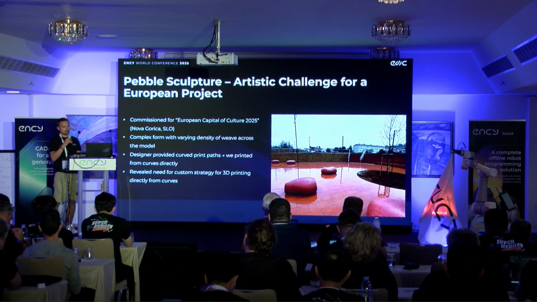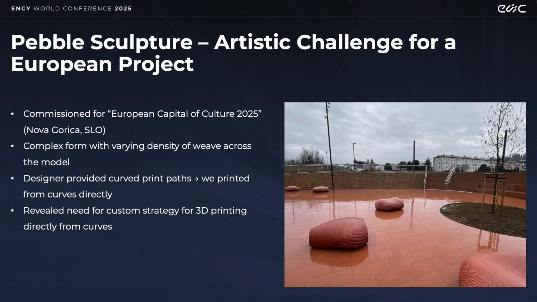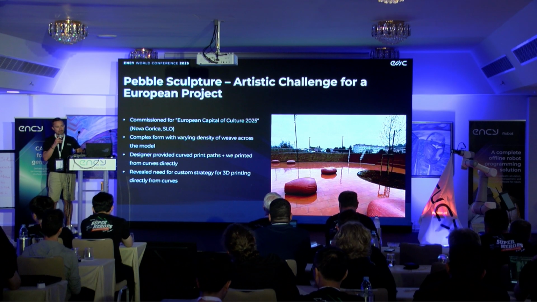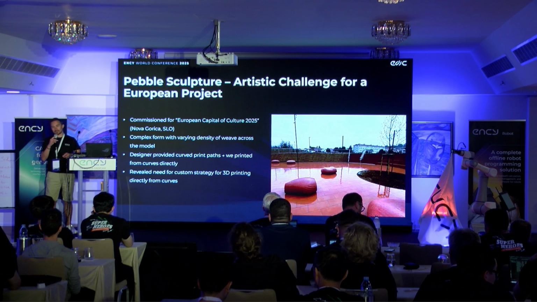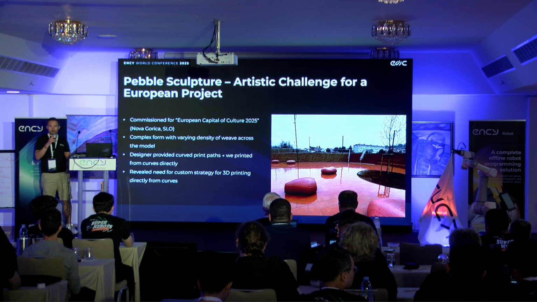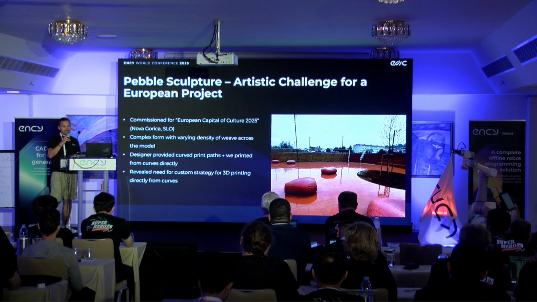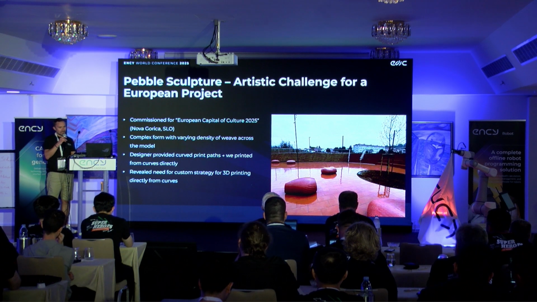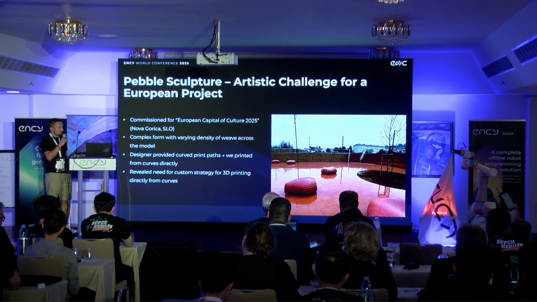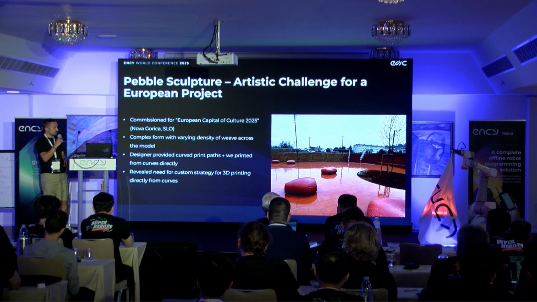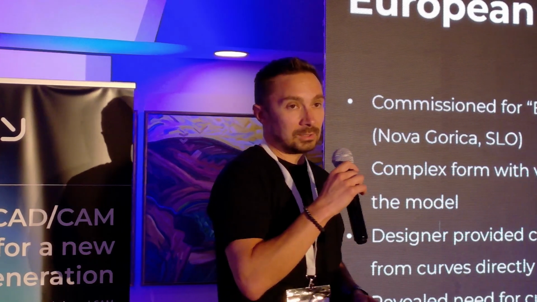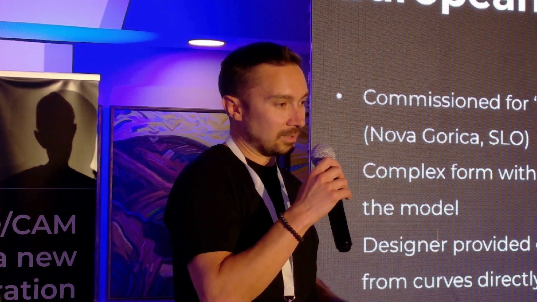It was a project for our city Novogoritsa, which this year has the name of European Capital of Culture together with Old Goritsa, or just Goritsa from the Italian side, and it was some artistic objects installed on a square, and we printed it.